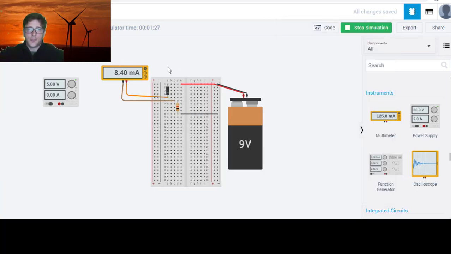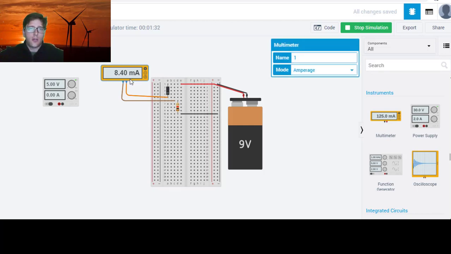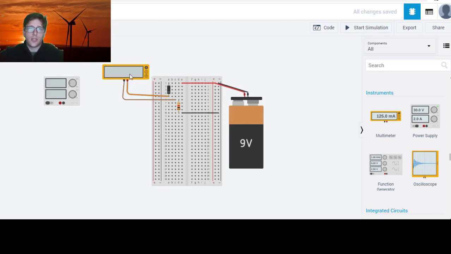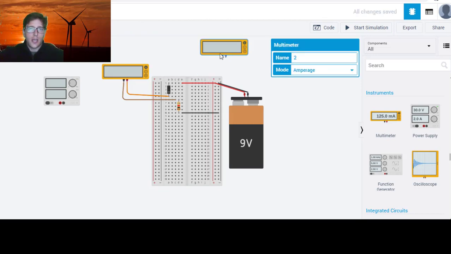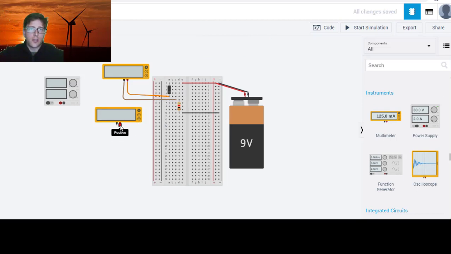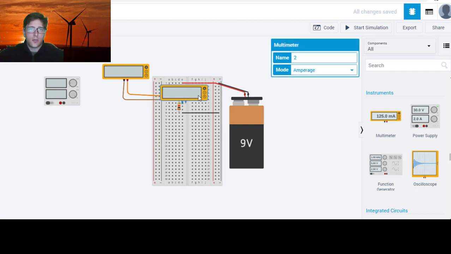Now let's take it a step further. Okay, so I'm going to actually copy this. Oh, I have to stop the simulation first, but let's go ahead and copy that, and let's actually measure how much voltage wise we're dropping between each element. So right here, let's put one right here and the other one up here.